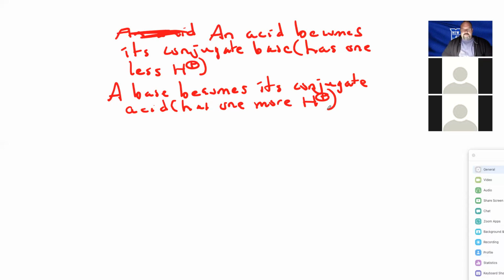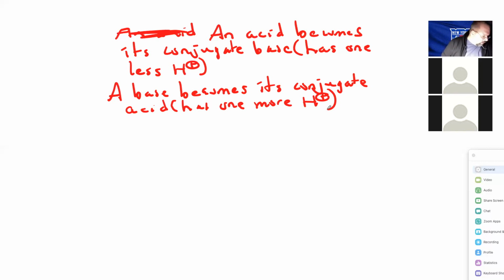The base is going to accept a proton from what it's on the same side with. And therefore, it's going to become its conjugate acid, and by doing so, it's going to have one more proton. So those are the relationships that are present.